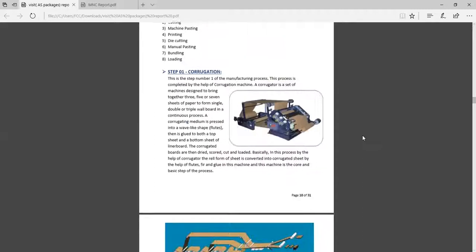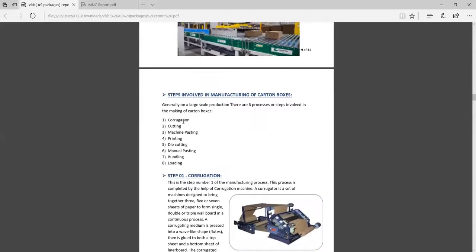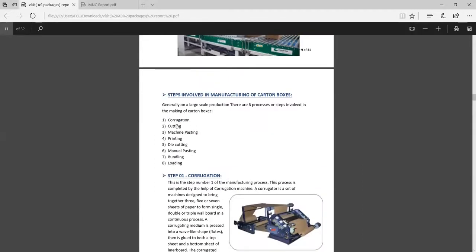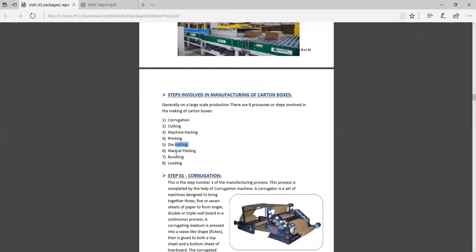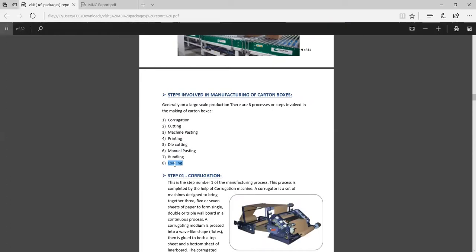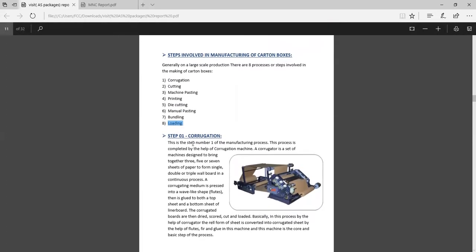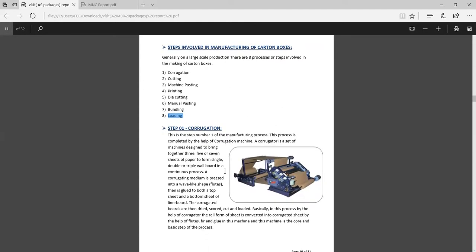So here are their steps. First is congregation, then cutting, machine pasting, printing, die cutting, manual pasting, bundling, and loading. In the congregation manufacturing process, they use a machine which brings 3 to 7 or up to 10 sheets together into one sheet.